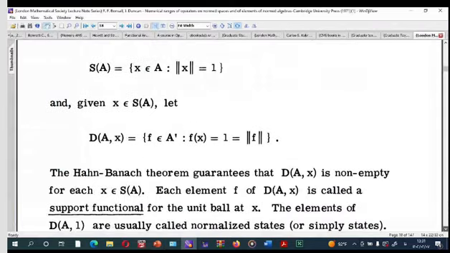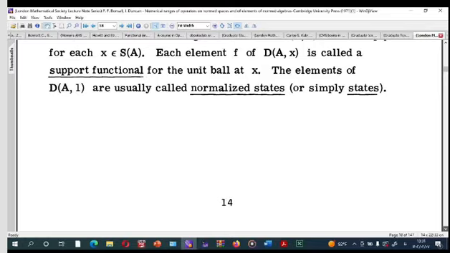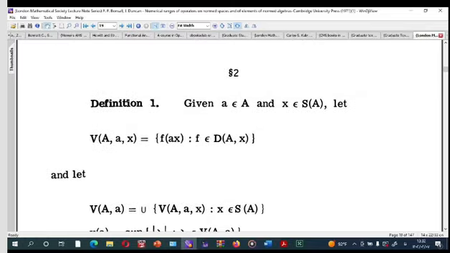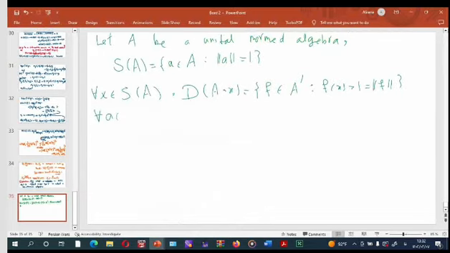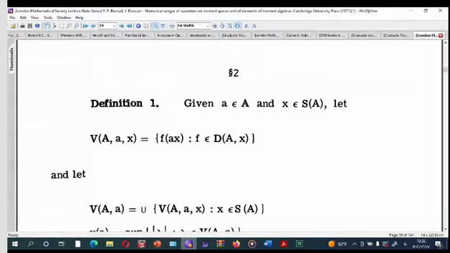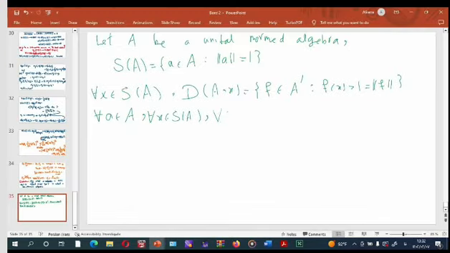and then we define, for any a in A and x in S_A, V(A, a, x) equal to the set of all f(ax) such that f belongs to D(A, x).